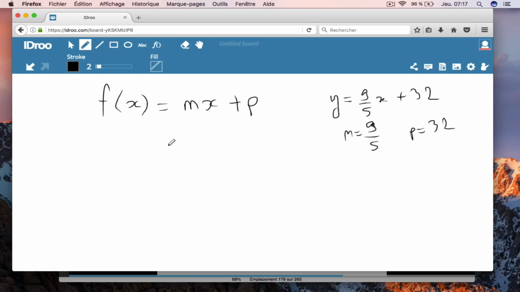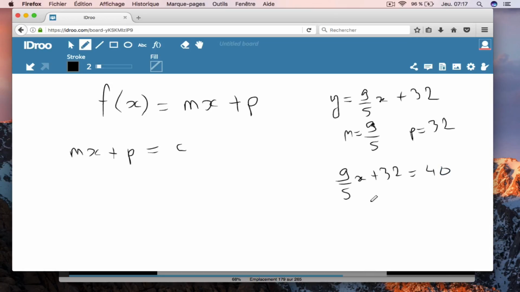We have solved some equations like this, m times x plus p equals c. For example, 9/5 of x plus 32 equals 40.